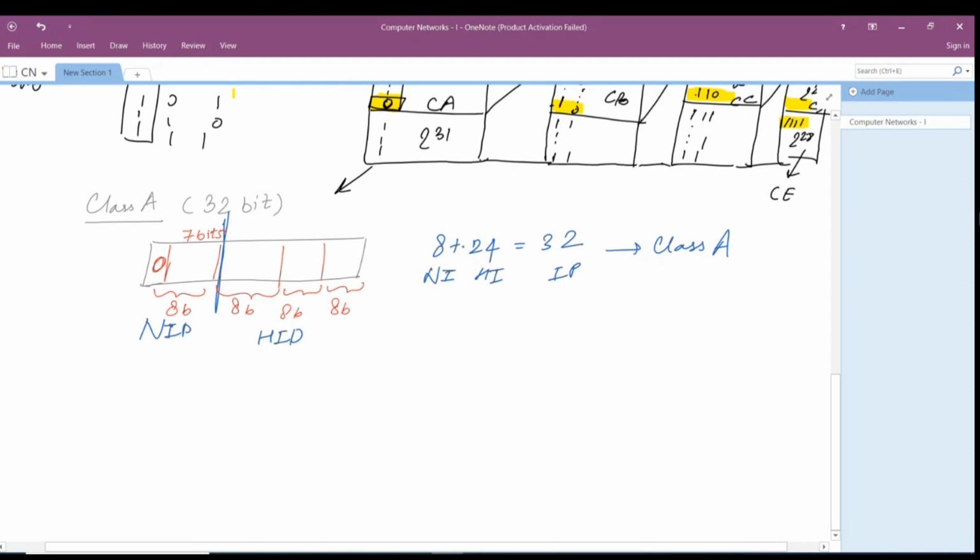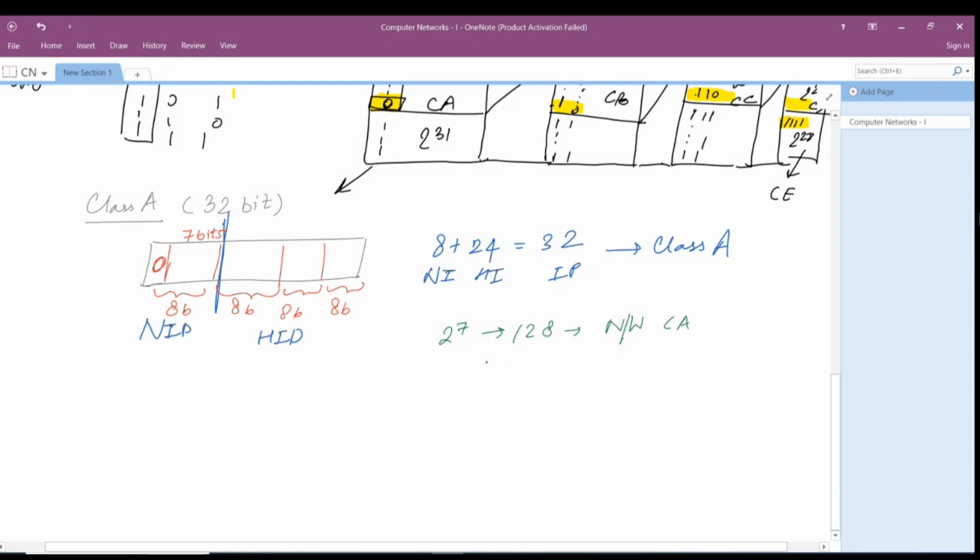Now, how many networks are possible in class A? It's 2 to the power 7, because we have 8 bits, and out of 8 bits, 1 bit is being occupied with having 0. So we have 2 to the power 7. So it is 128. So 128 networks are possible in class A.